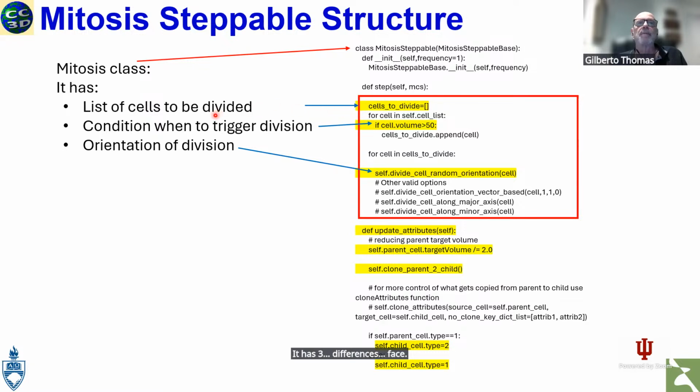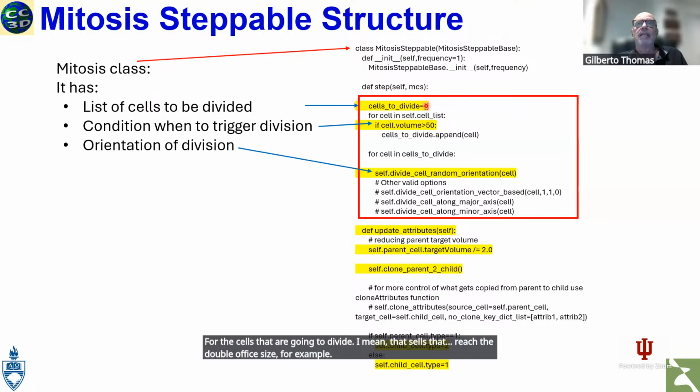First, there is a line where we can create a list for the cells that are going to divide, I mean, cells that reach double the size, for example.